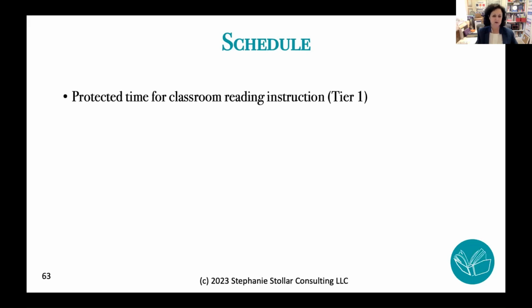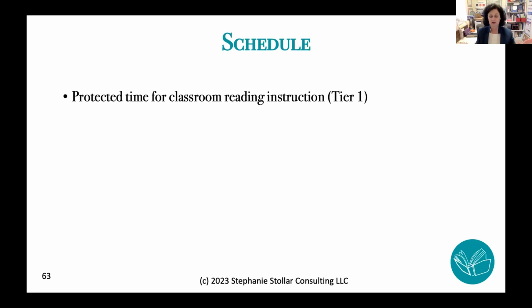Having this 90 to 120 minutes of protected time for reading instruction and letting the needs of your students drive the schedule. There are many competing forces, right? If you're sharing a music teacher with another building in your community, you will have many competing demands in terms of curricular expectations.